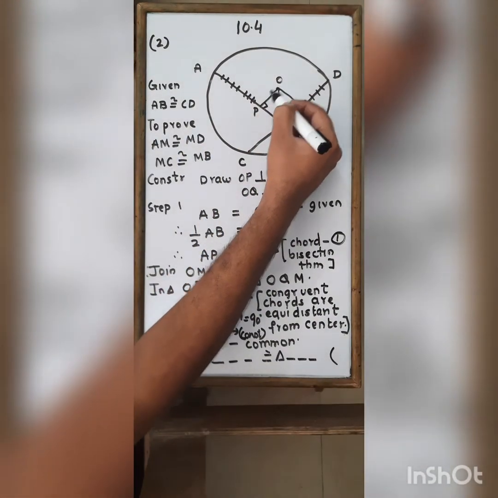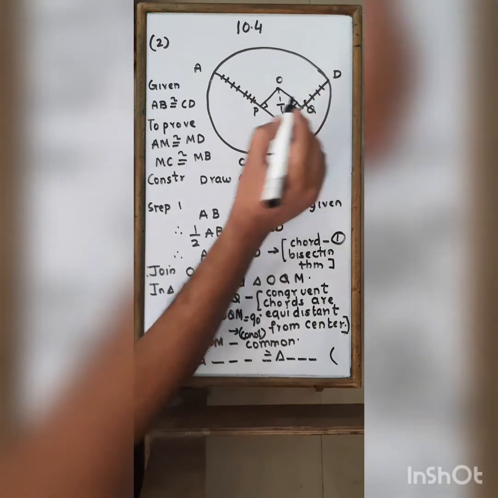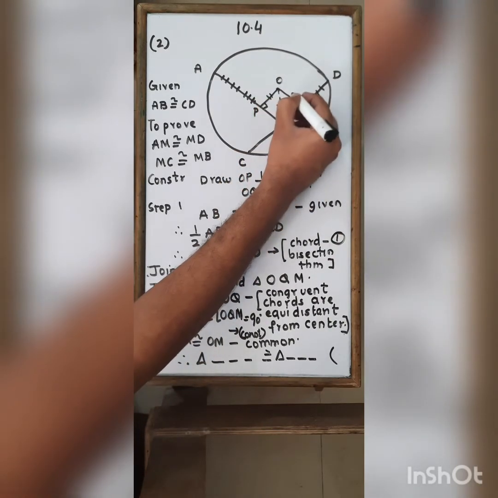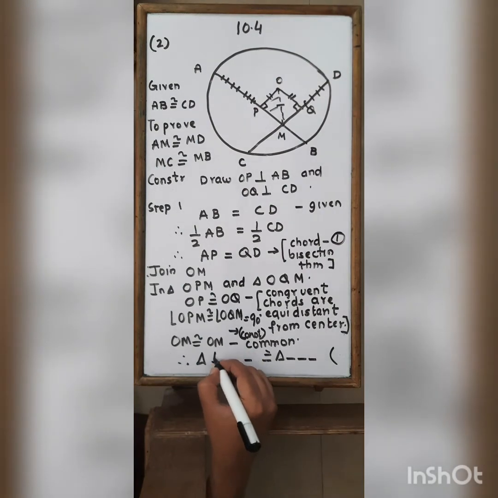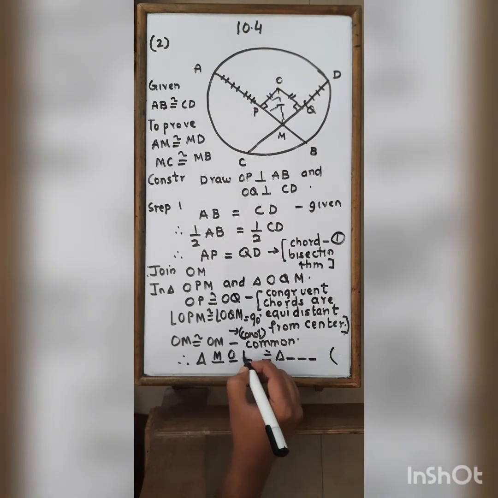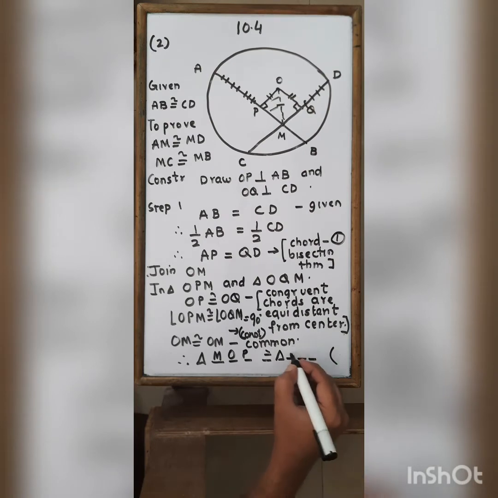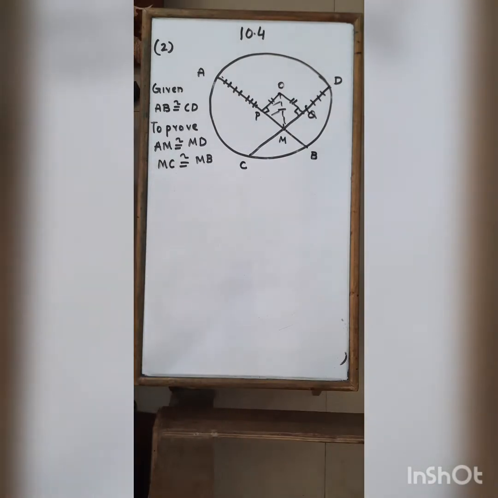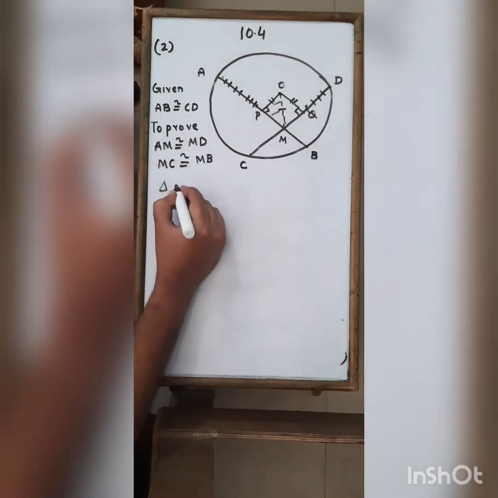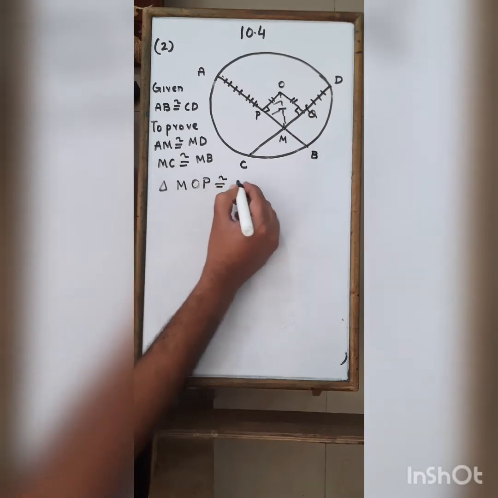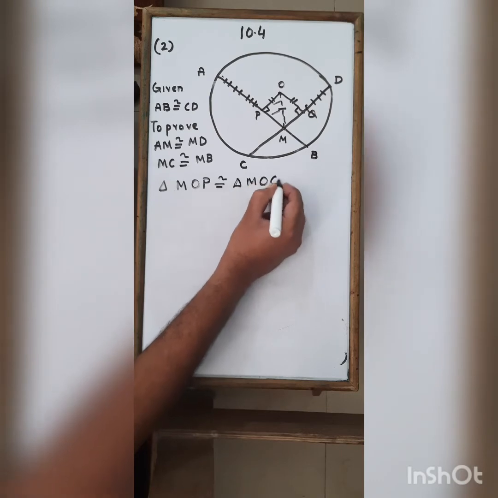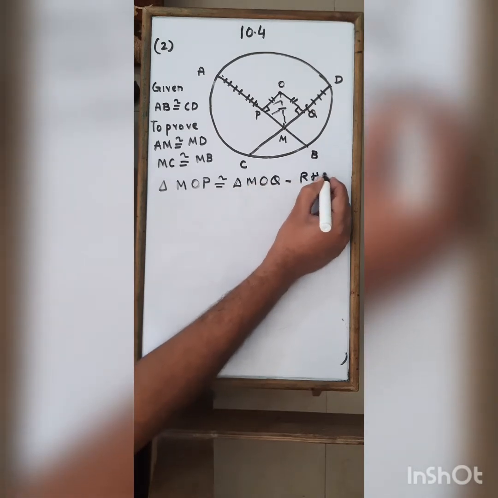In this triangle, hypotenuse is equal and one side is equal. So these two triangles become congruent by which test? They become congruent by the RHS test. Triangle MOP is congruent to triangle MOQ by RHS test, right?